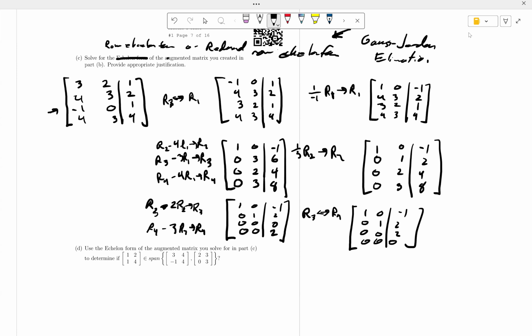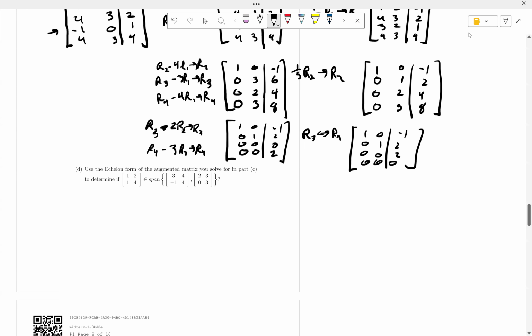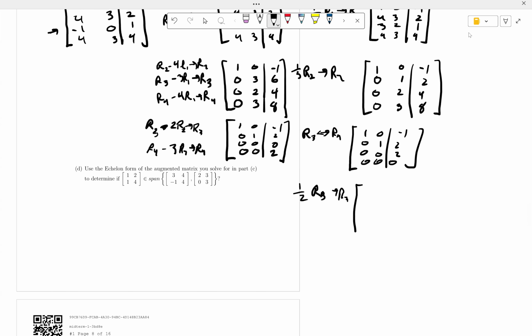And now we're going to continue, even though at this point you could answer the question. So we're going to do 1/2 R3 replacing R3 to give us 1, 0, -1, 0, 1, 2, 0, 0, 1, 0, 0, 0.